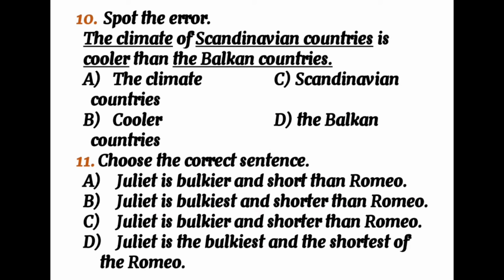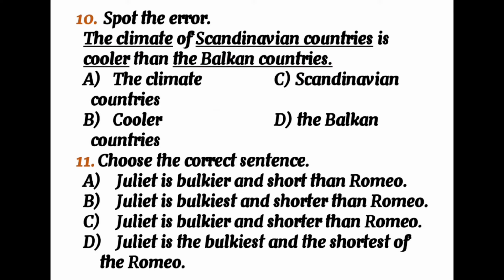Spot the error again. There are 4 parts that have been underlined in this sentence, and one of these underlined parts is incorrect. The climate of Scandinavian countries is cooler than the Balkan countries. So can we compare the climate with the countries? This is the problem actually.